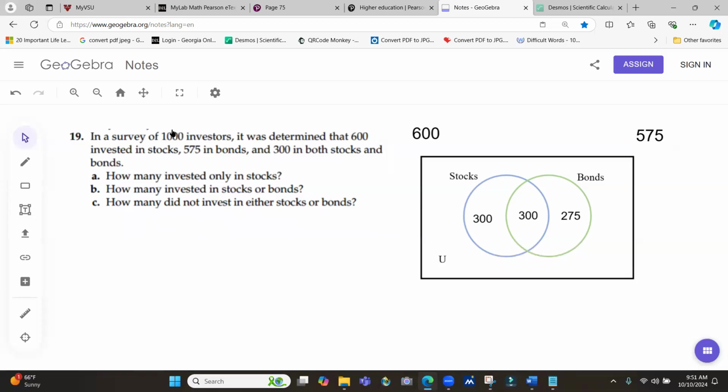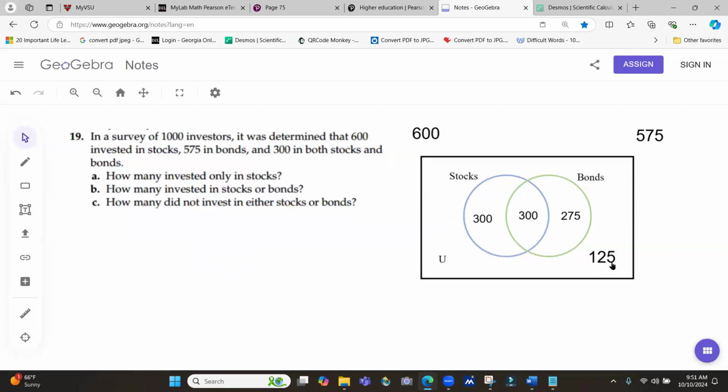So you will take your 1,000, subtract 300, 300, 275. When you add them up, it's 875. From 1,000, if you subtract 875, you get 125. This goes outside. These 125 people did not invest in stocks and bonds.